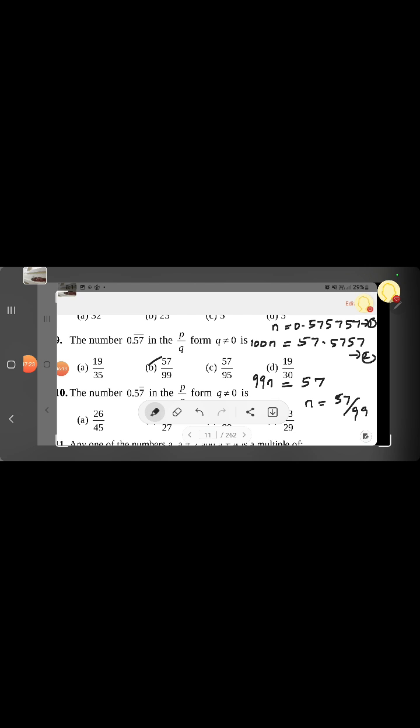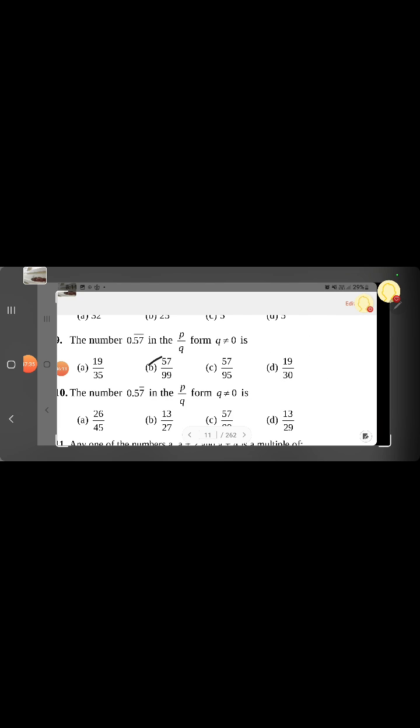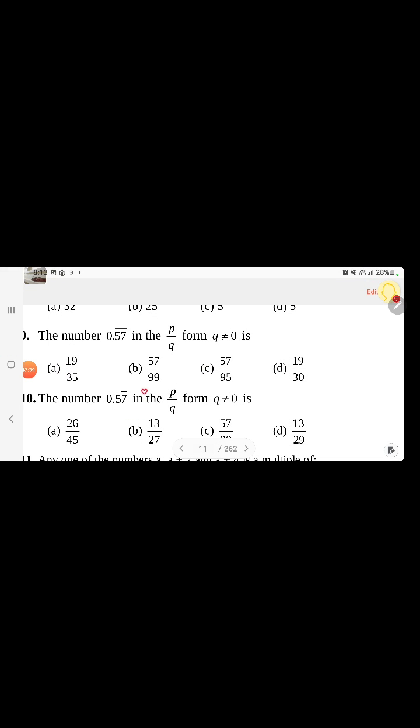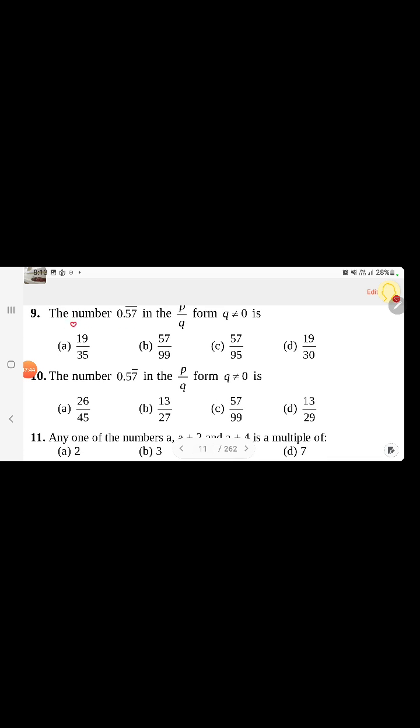Okay, now let's solve the next one. The next one is the number 0.57 bar in the p by q form. Okay, so in the ninth one it was 0.57 bar, where the two decimal values 57 are repeating.